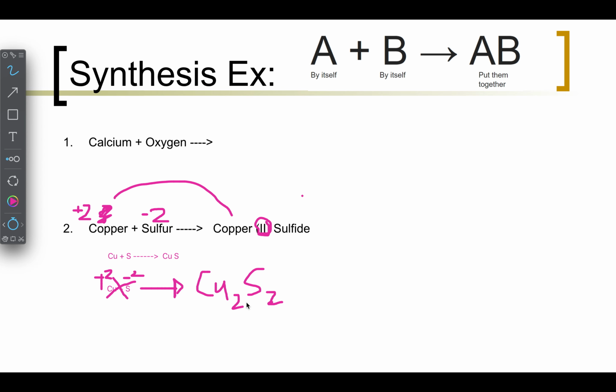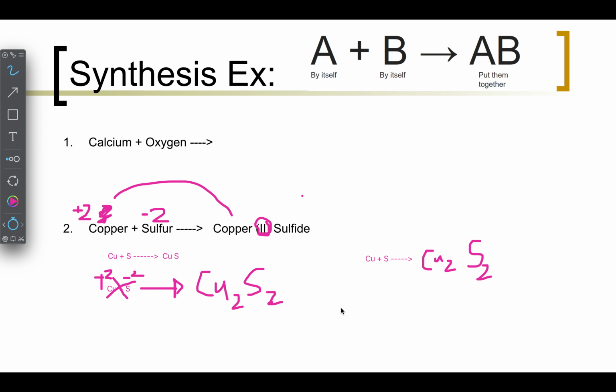But let's leave it this time just for a change of pace so I can show you the balanced equation. So we have Cu plus S turns into Cu2S2. And this is not balanced, because we have 2 Cus and 2 S's on this side and only 1 on each of these.